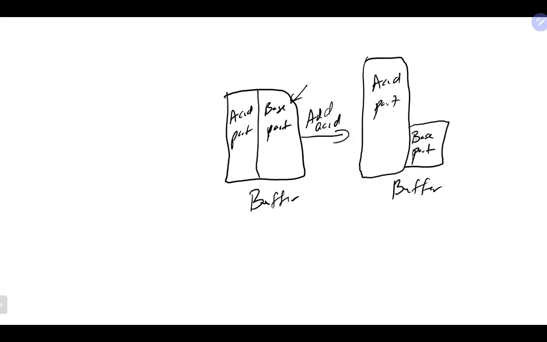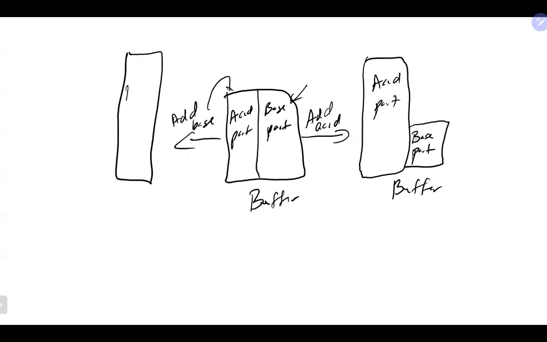So it's able to kind of keep itself there for a while. If you add some base to the buffer, it will react with the acid part and you'll make some more of the base part of the buffer.